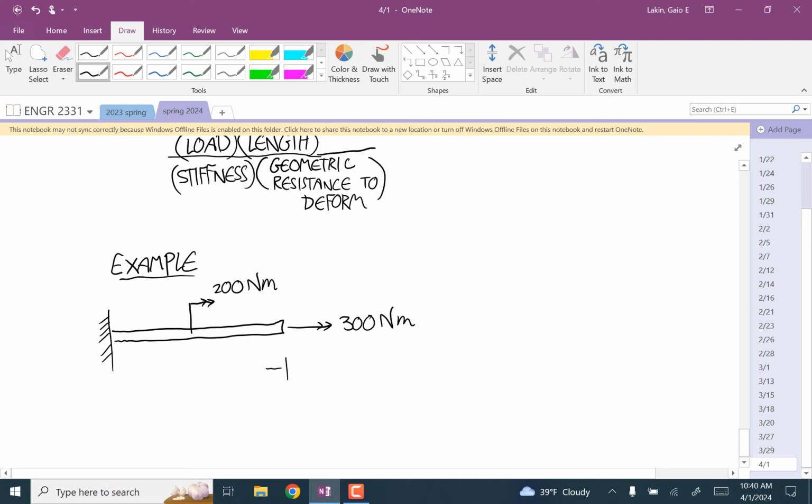The whole length is 1 meter. And we'll use a G of 80 times 10 to the 9th, and a polar moment of inertia of 1.57 times 10 to the minus 8th. This is meters to the 4th. And we want to calculate the total angle of twist.